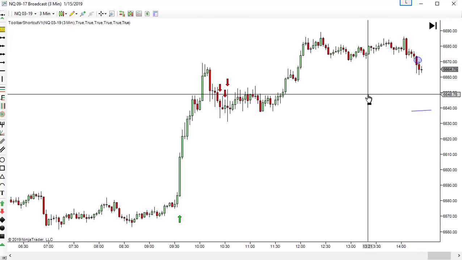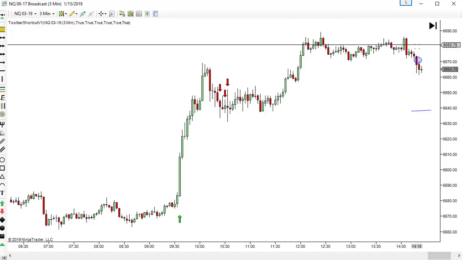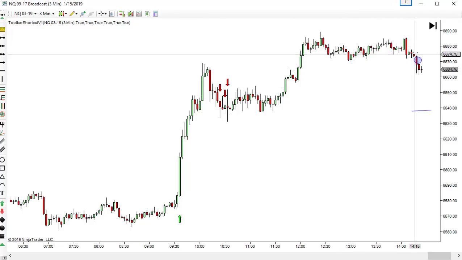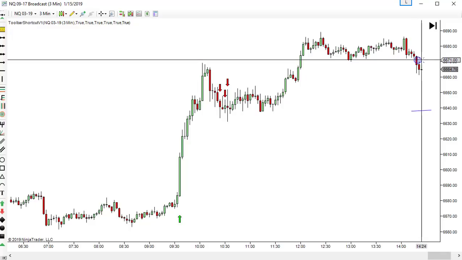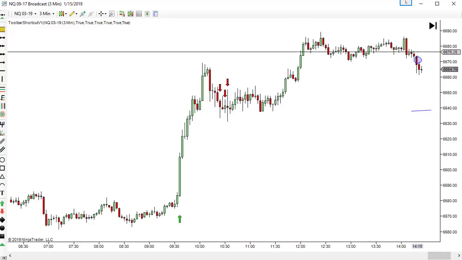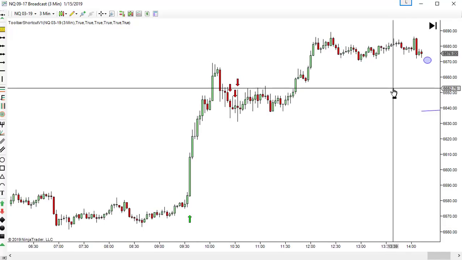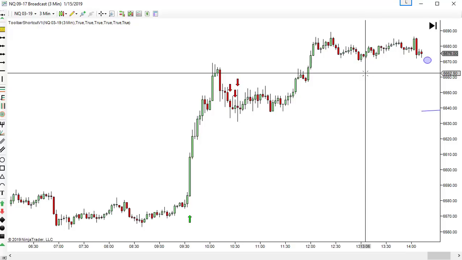Maybe we'll do something short, either an RS or an understanding trade. Let's see what happens. Then I'm going to tell you guys, if the market gets to 66.70, anywhere right around there, before it, if the market gets to 66.70, we have an understanding trade short. What does that mean?